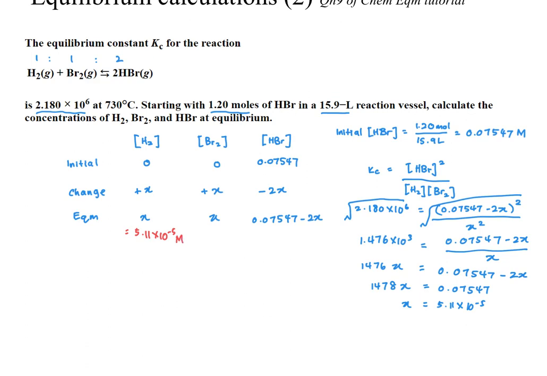Similarly, concentration of Br2 is X, which is 5.11 times 10 to the power of negative 5 molar. And for HBr, we have to do the calculation. And we will get 0.0754 molar.